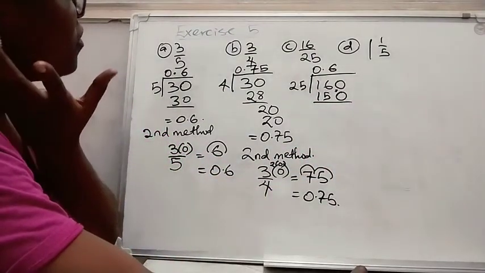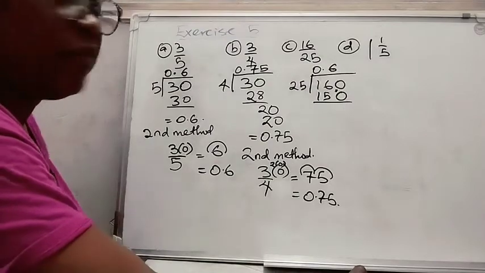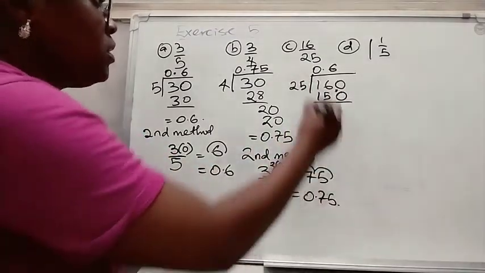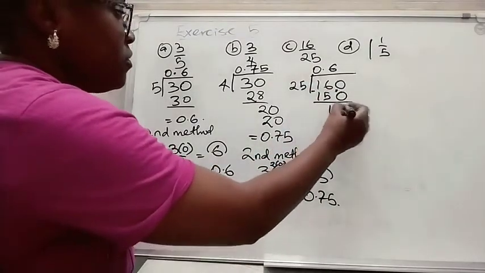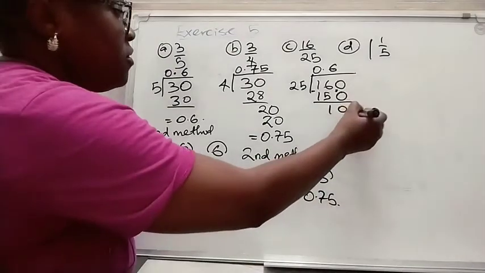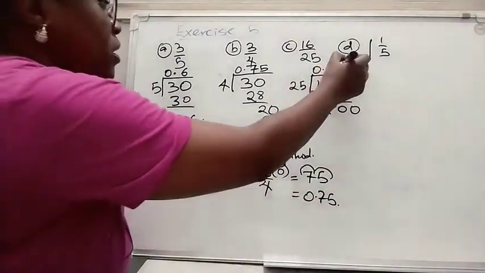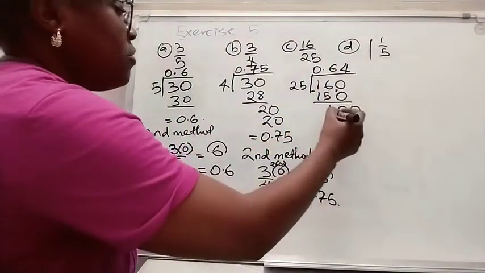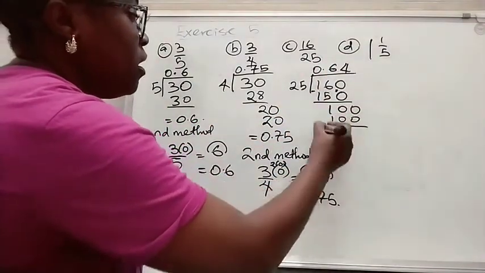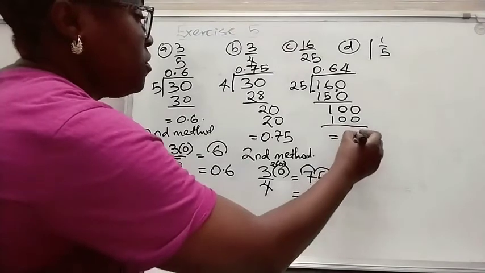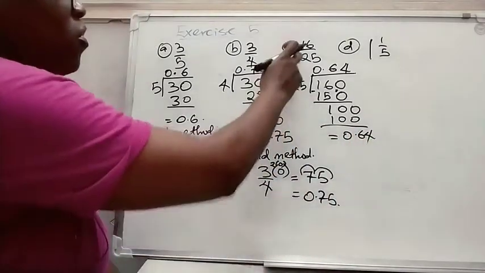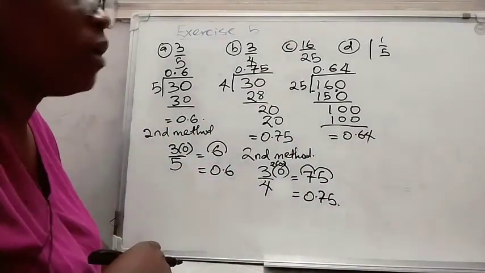So 6 times 25 is 150. 160 minus 150 gives us 10. Remember, another 0 comes here immediately. So we have 100 divided by 25, giving us 4. 4 times 25 gives us our 100. So our answer is 0.64 for this proper fraction.